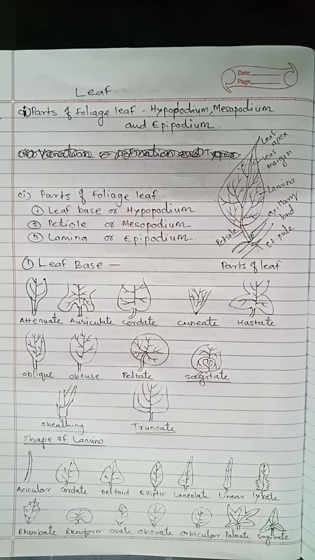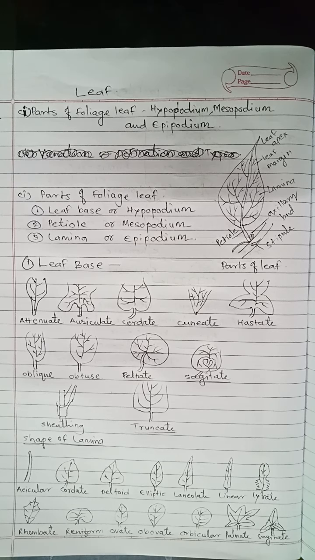The lamina is traversed by the midrib, from which arise numerous lateral veins and then veinlets. It performs vital functions like photosynthesis and transpiration. The nature of lamina depends upon the species and age of the leaf.